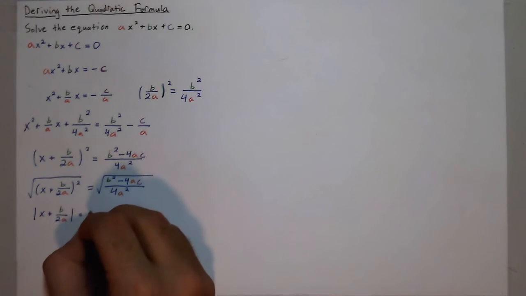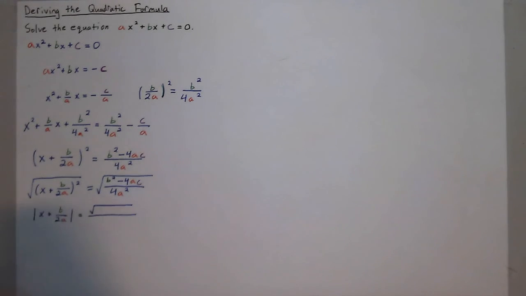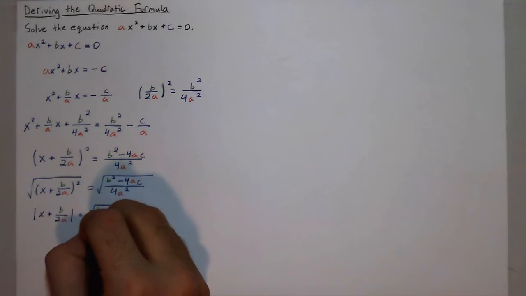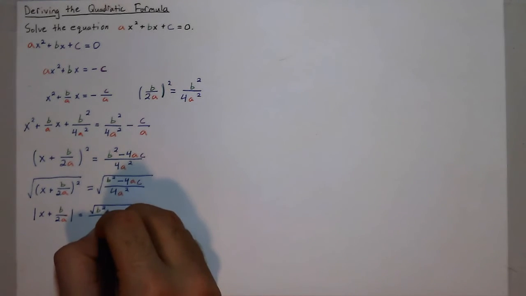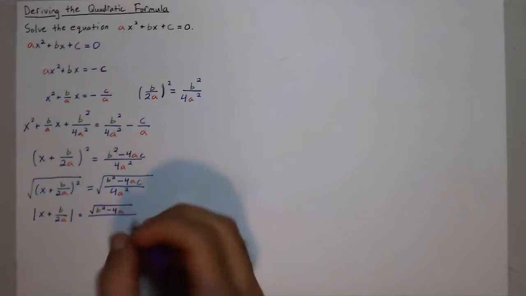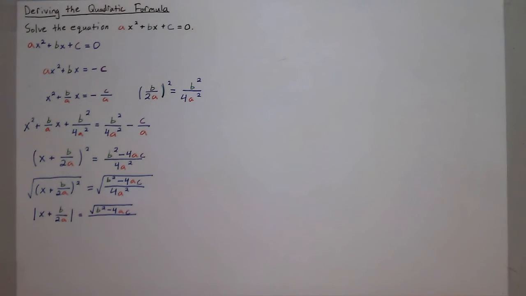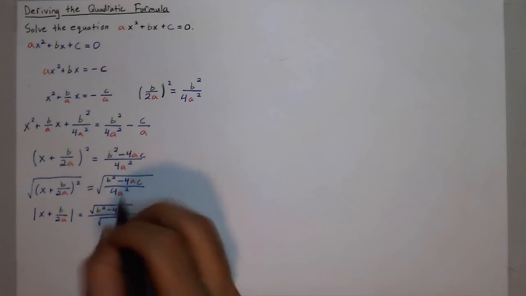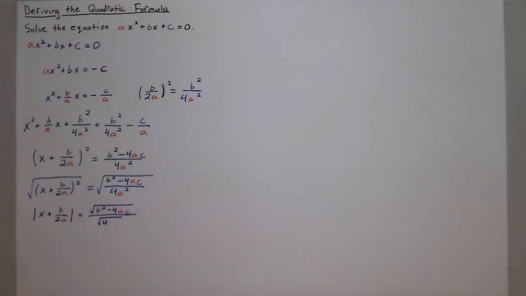Which will be equal to the square root of b squared minus 4ac over the square root of 4a squared, which now, to get rid of the absolute value, I'll make the right side plus or minus.